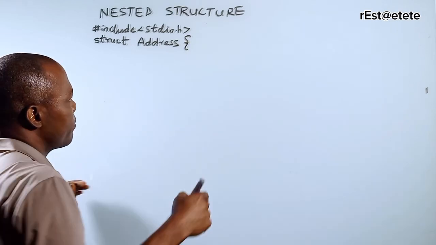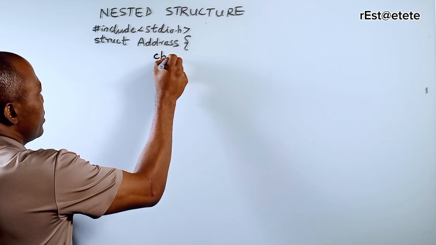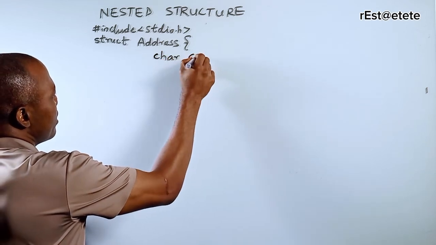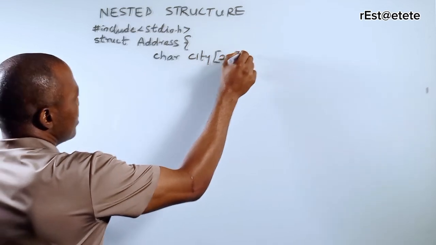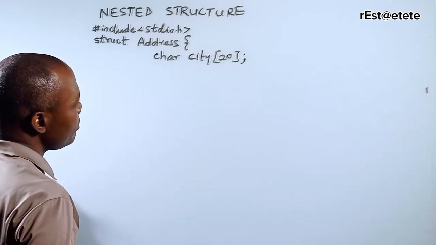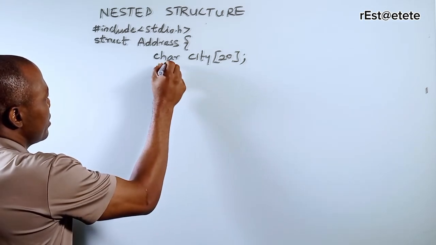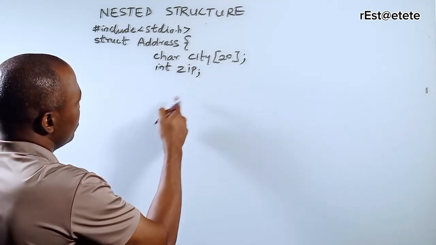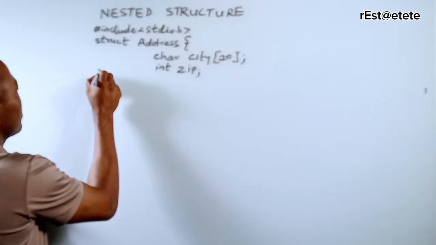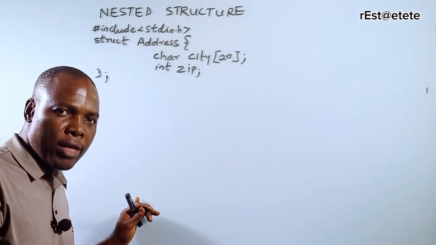Inside it, I will have, let's call it city. So char city, right? Let's assign 20 to it. So 20 bytes. Then I also have zip. So I have int zip, right? So these are the things I have in my address structure.